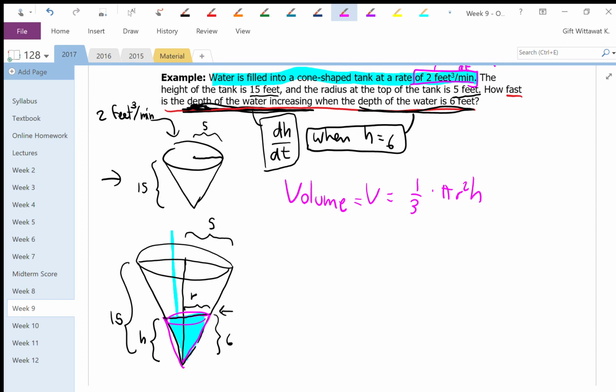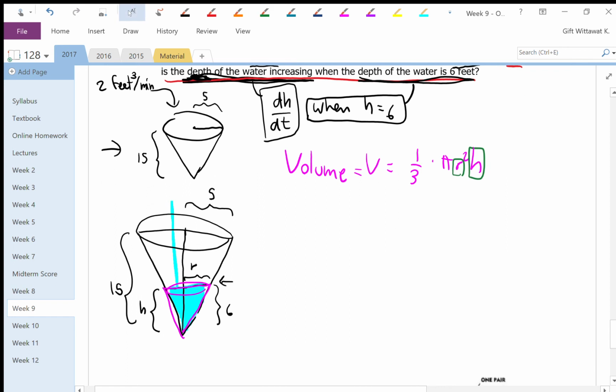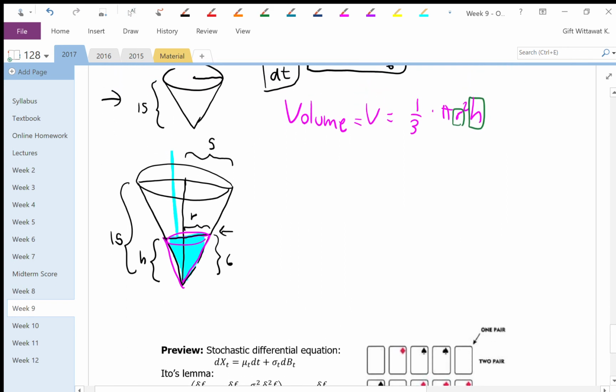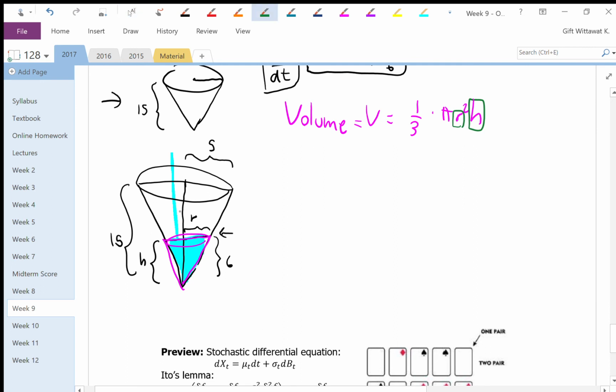Now this is quite special because the r and the h are not independent. If you look at this diagram again, I hope you can see, they are actually similar triangles.